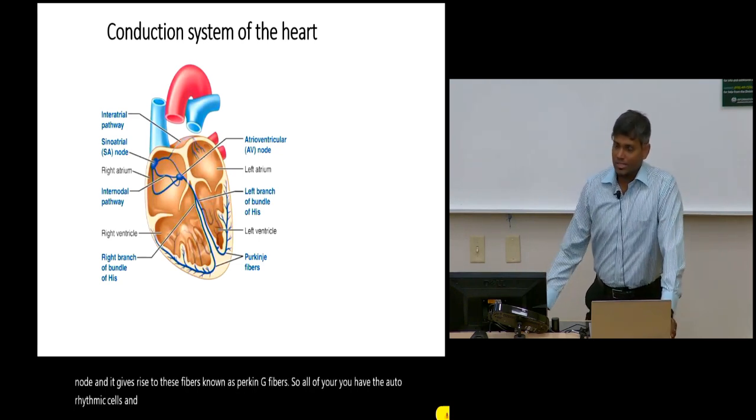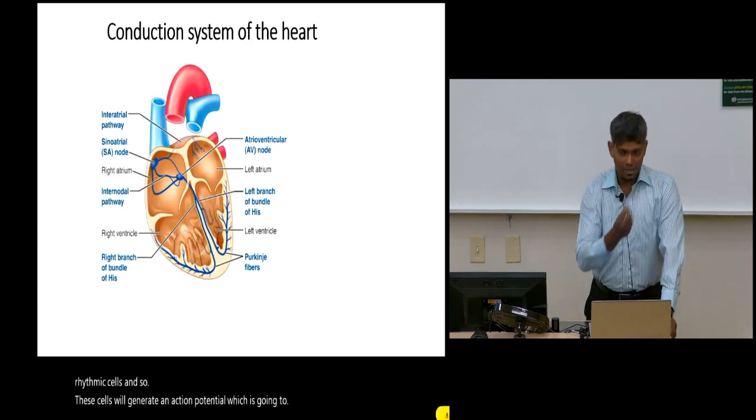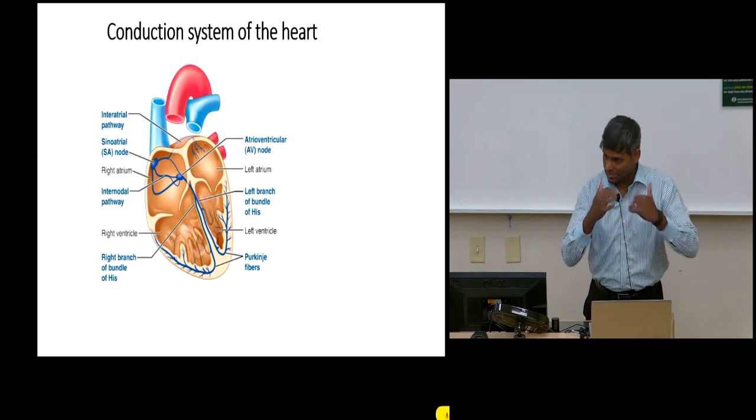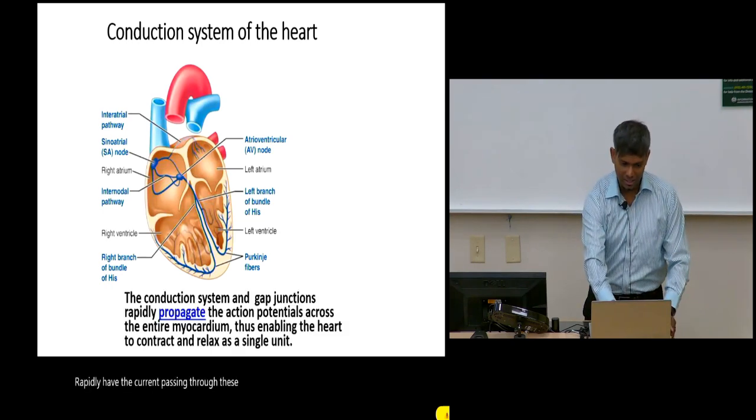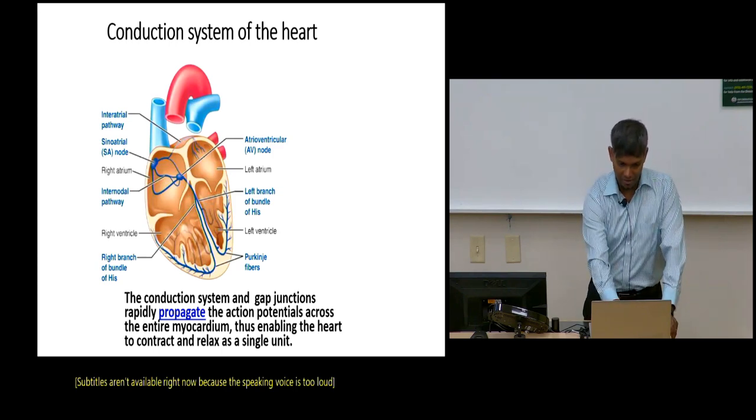And so these cells will generate an action potential which is going to rapidly have the current passing through these cells, and from these cells it will enter into the contractile cells via the gap junctions.